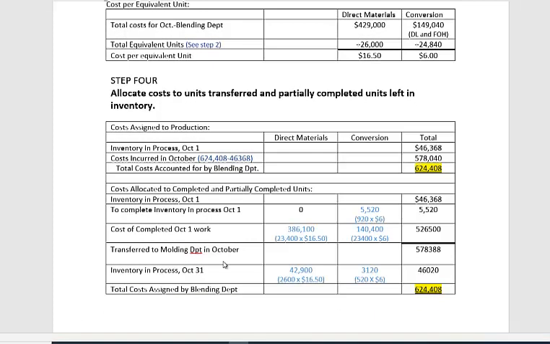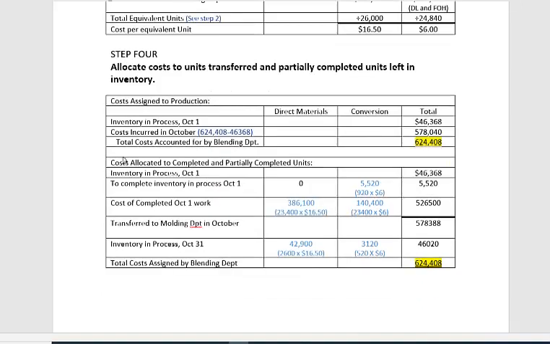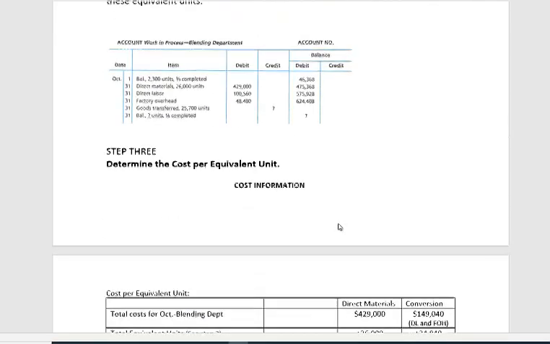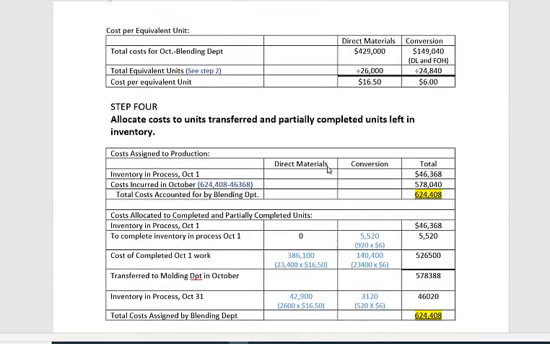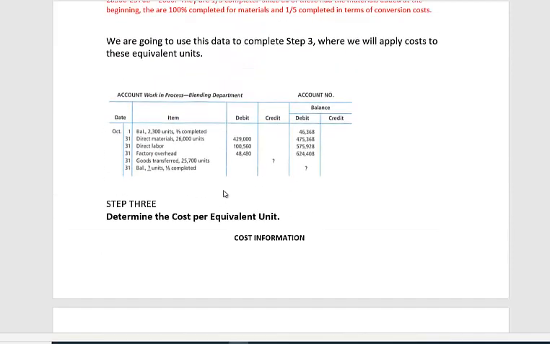Okay, so let's look at the bottom portion of our cost of production report. The first thing we want to do is to determine the total cost that we're going to be accounting for. So the beginning inventory in process was given to us at $46,368 right here. And then the costs incurred for October, you can do that a couple of ways.